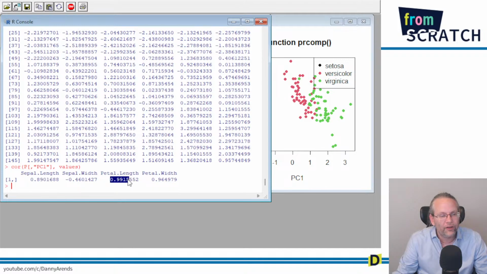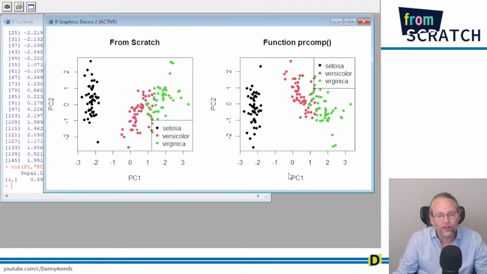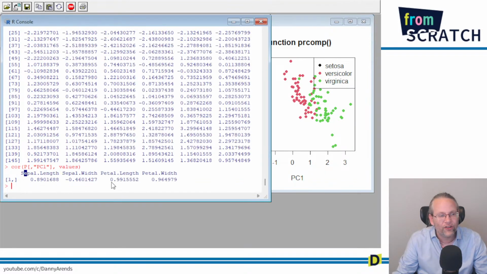So you can see that the correlation is almost 0.99. So that means that the first principal component axis is mostly looking at the petal length, right? And it's including a little bit, or 0.9, the sepal length, right? So it's a combination axis.